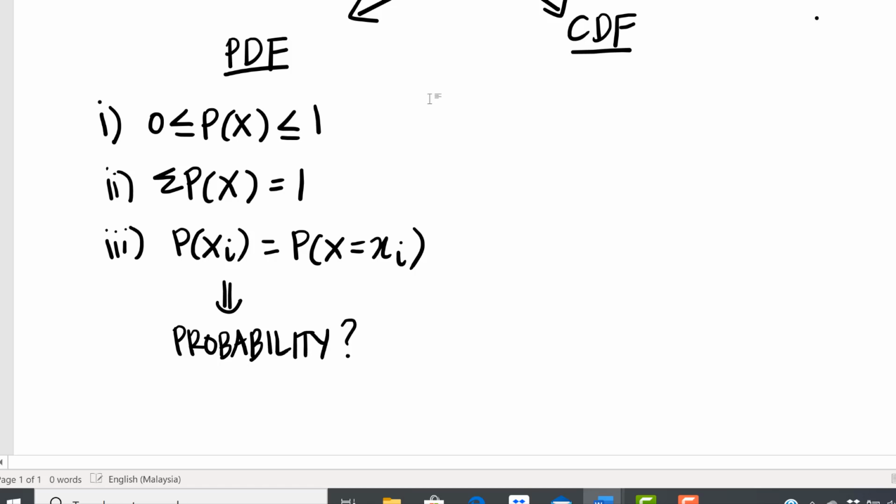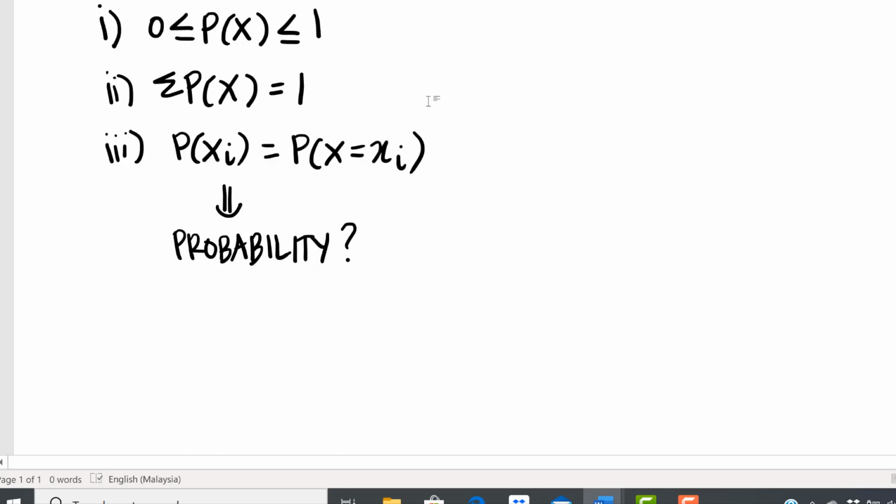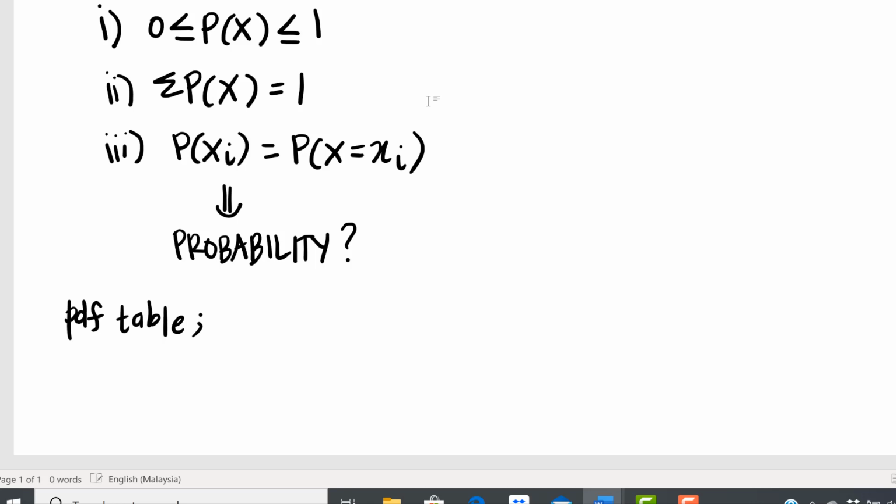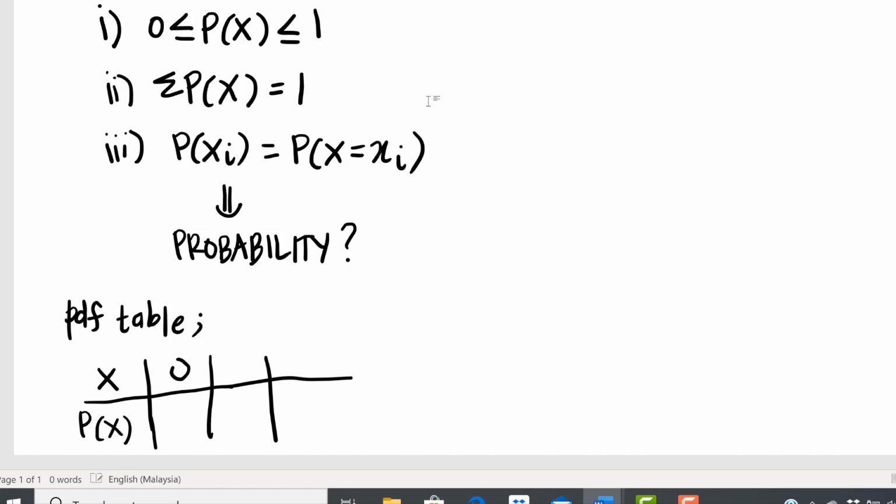So I would like to revise. Let's say we are given the PDF table, where we have x and also the probability of x. Let's say x is 0, 1, 2, and 3.